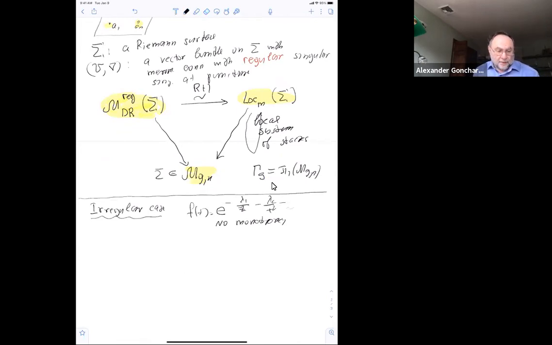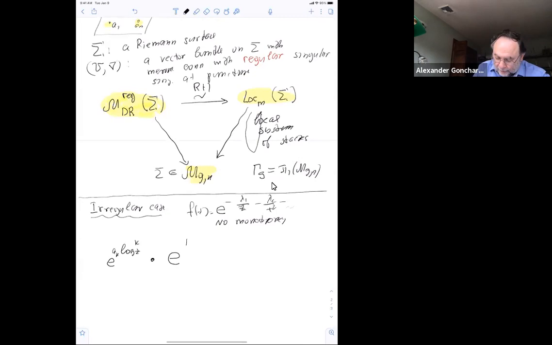And so the main idea is that solutions in this case look something like this. You can have something like e to the power of, let's say, logarithm z, maybe raised to some power, maybe with some coefficient. And it's a kind of monodromy term. And you can have a term which is e to the power of some function that's called f of z.